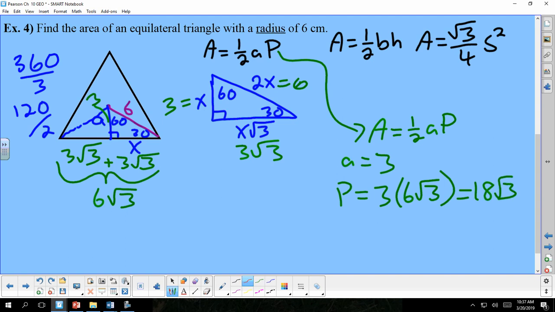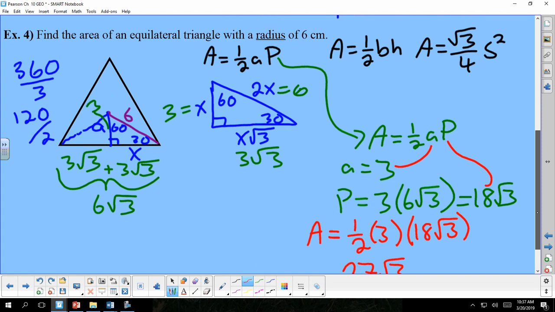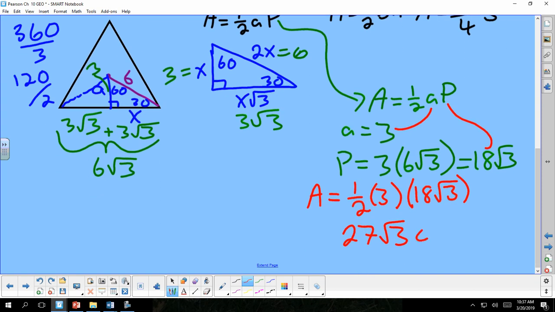And now I'm just going to go ahead and plug those in and find the area. And in simplest radical form, half of 18 is 9. 9 times 3 is 27√3. And let's not forget our units, centimeters squared.